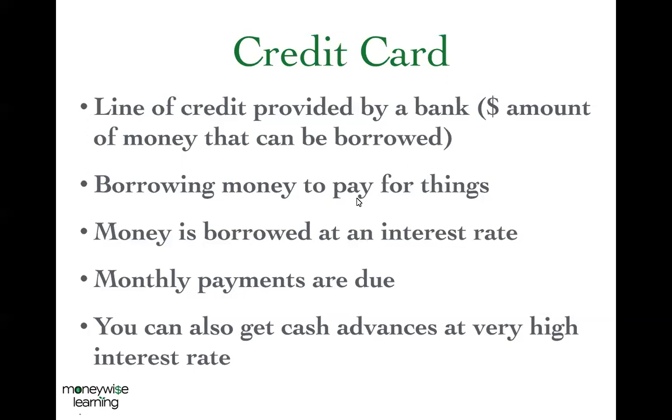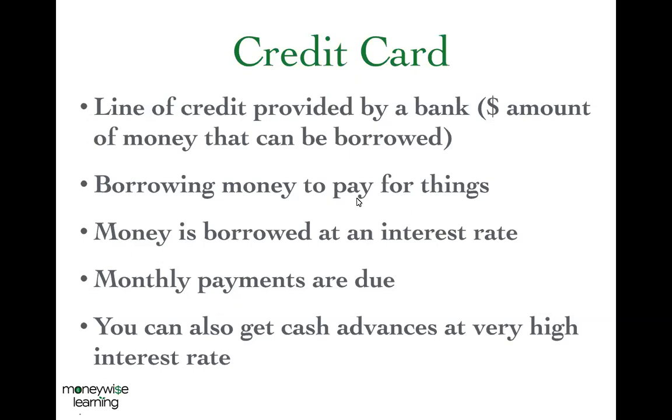It's basically the bank or the lender saying, I'm going to give you a certain amount of money, which is called the line of credit, that you can charge to buy things. And then you can pay me back and I'll charge you a certain interest rate for it, right?